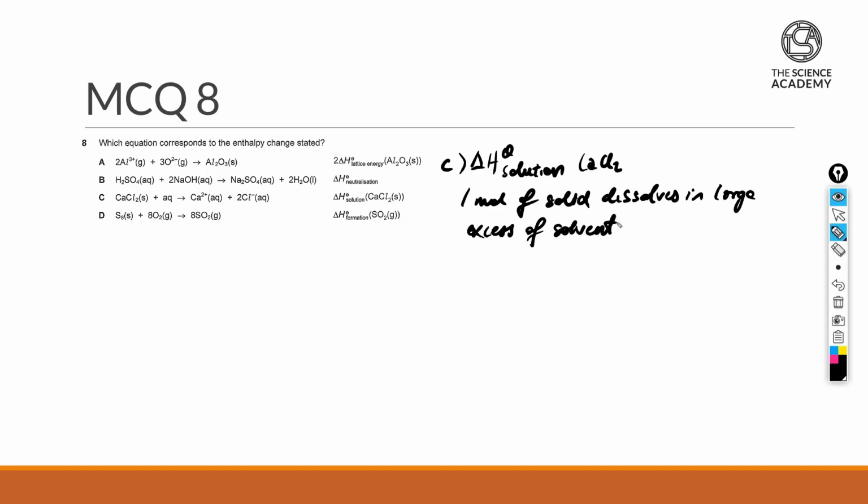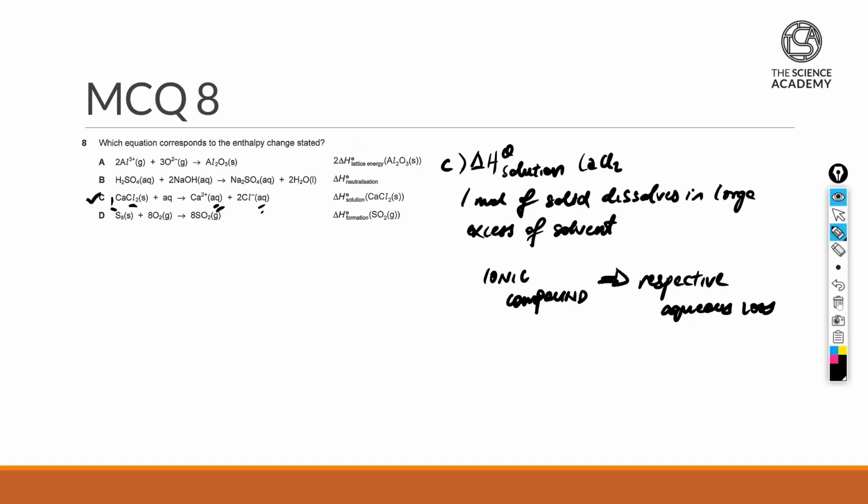And if let's say you are dealing with an ionic compound, in this 1 mole of solid of that ionic compound in a large excess of solvent, it will actually become its respective ions in the aqueous state. So for this, I'm looking for calcium chloride. This is exactly 1 mole of it, and you can see that it becomes its respective aqueous ions over here. So I'll say that C is considered to be the correct answer.